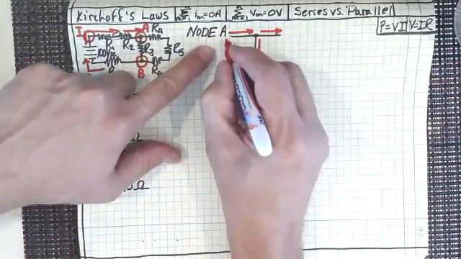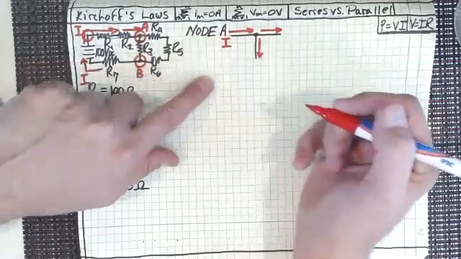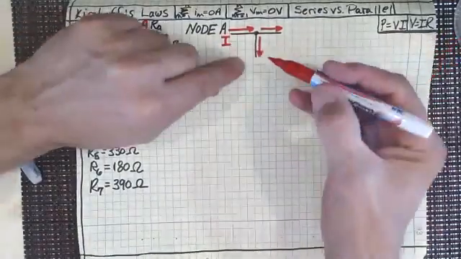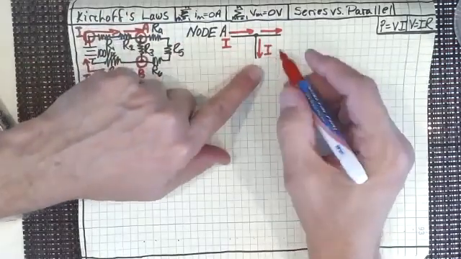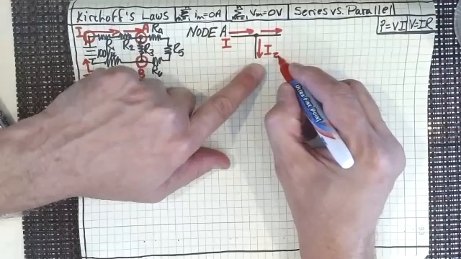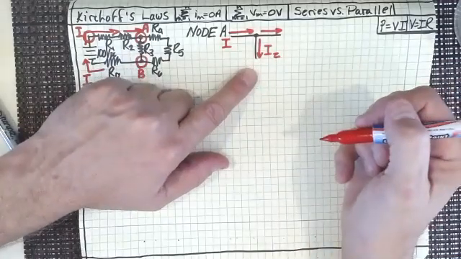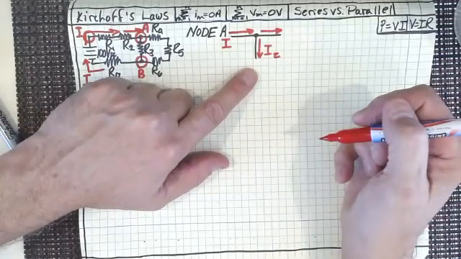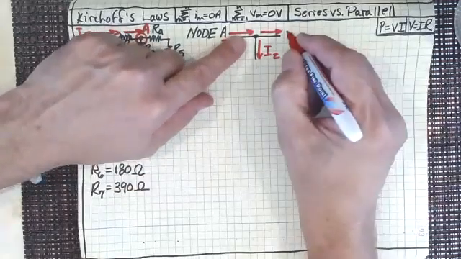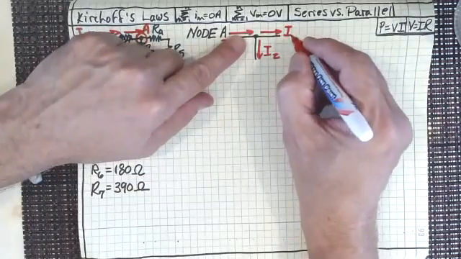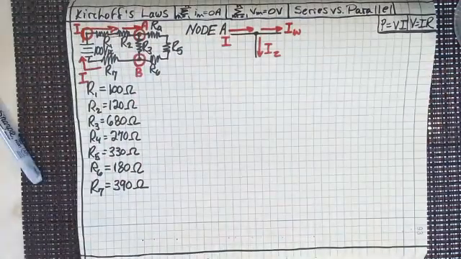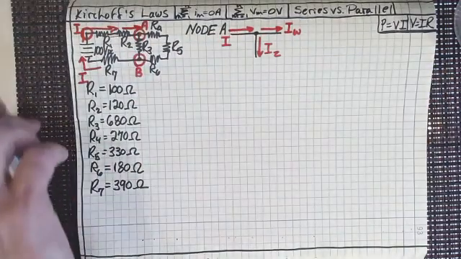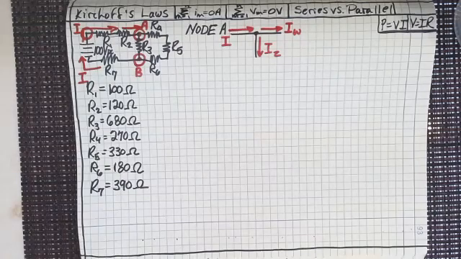Now, if we say that the current that's flowing into node A is I, then let's say that the current that's flowing out of node A this way is going to be I sub Z. Okay? And I'm going to call this I sub W.